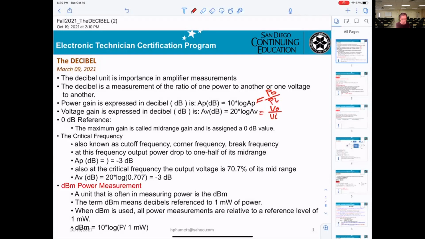If you want to calculate the decibel, you have to put in the formula 20 times log of V out over V in. However, for power it is only 10 times log of P out over P in. And if you want the current, then you use the same 20 log of I out divided by I in.